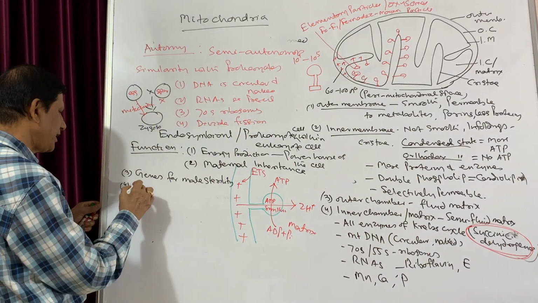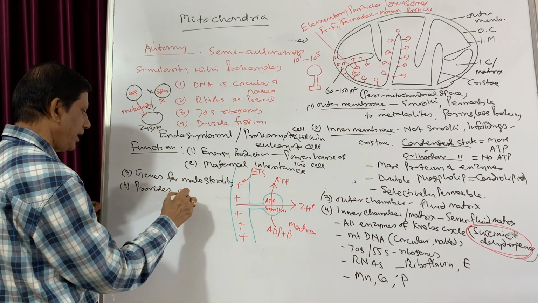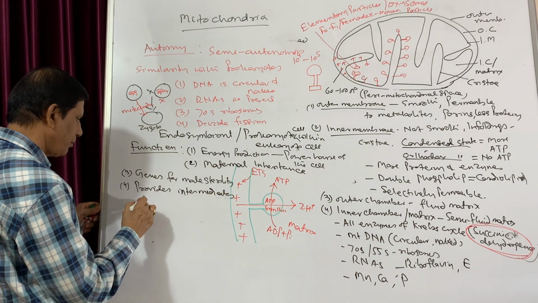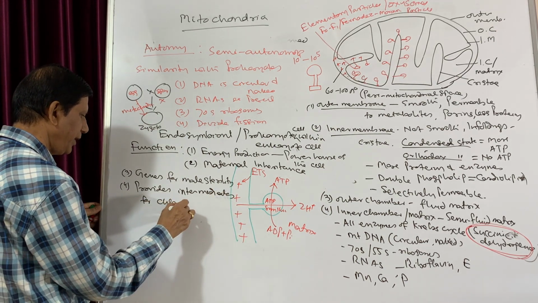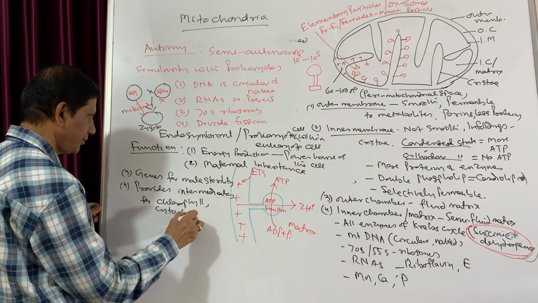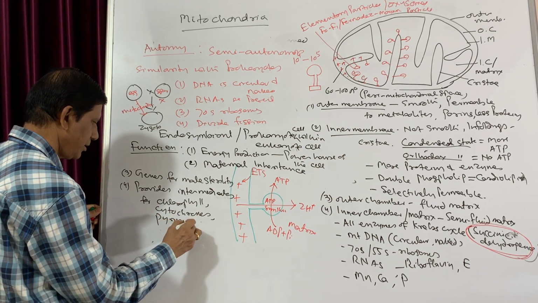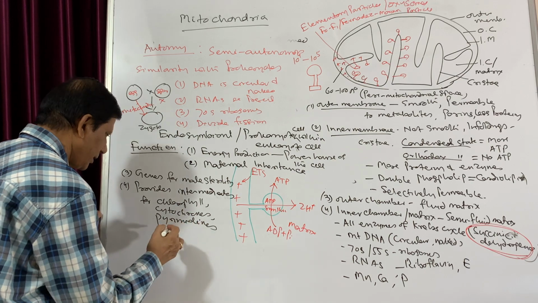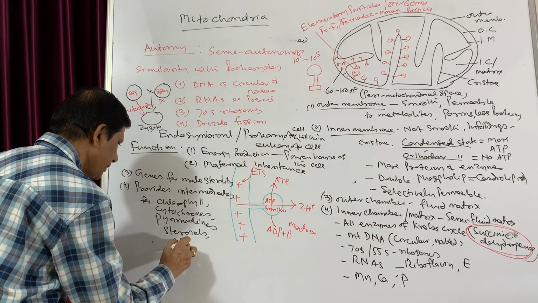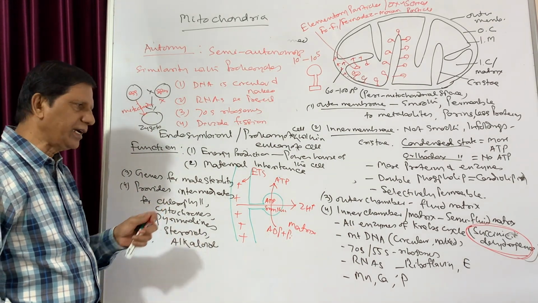So it provides intermediates for chlorophyll, cytochromes, then pyrimidines, then steroids and alkaloids. So all these substances can be produced from the different intermediates.